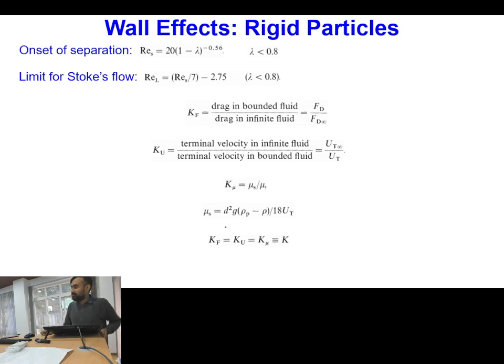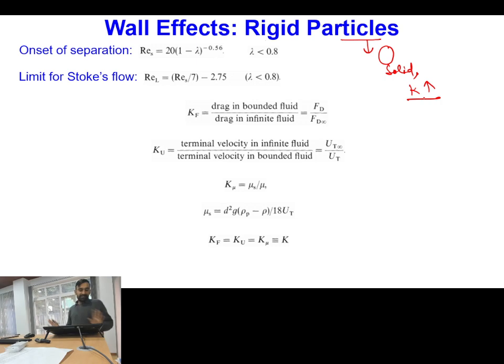So few important things we will be seeing. If we have, say, a rigid spherical particle, rigid spherical particle means either I can have a solid sphere, or a contaminated fluid particle, or a fluid particle of large K. A fluid particle of large K also does not have any internal circulation present.